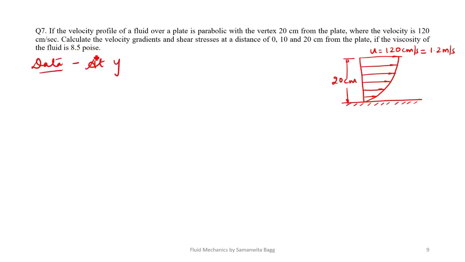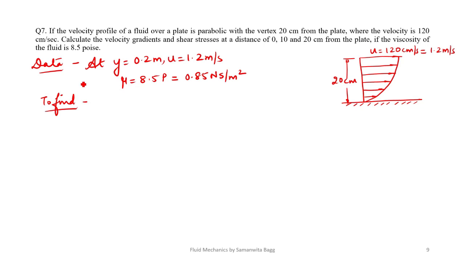At y is 0.2 meter, my value of u is 1.2 meters per second. Also, the viscosity of the fluid is given. Mu is 8.5 poise, which will be 0.85 Newton second per meter square.